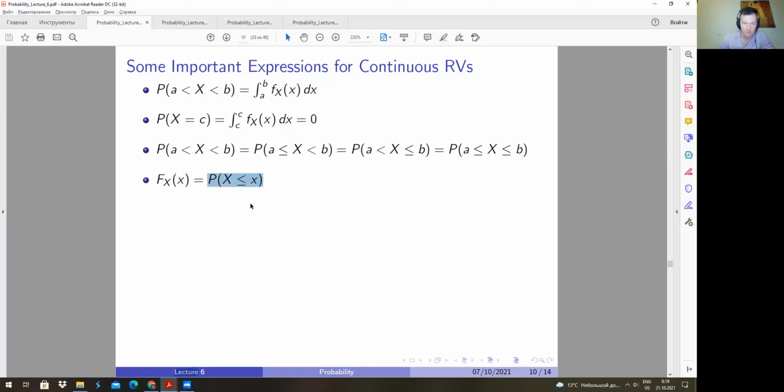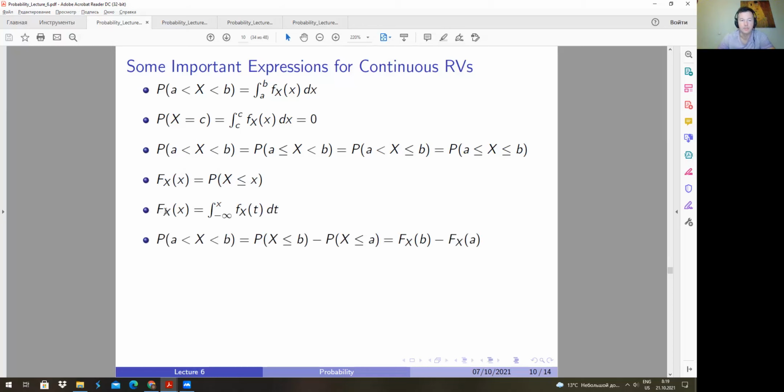First of all, what is the CDF in terms of integrals? If you consider this probability and how we define it with the help of the PDF, and look at this expression, what's the difference? On the left hand side, we have minus infinity, right?